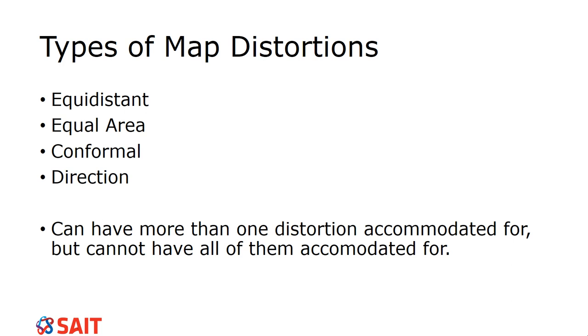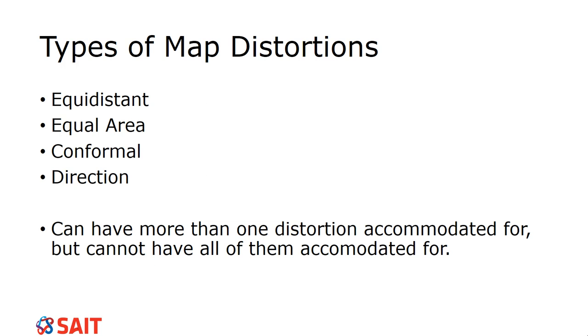Then there's equal area, which means that the areas are equal. It doesn't mean that the shape is the same, but it means that the area is represented equally and visually. So the shape might be different. In fact, the distances might be a little messed up, because even though equal area and equidistant sound very similar, equal area is more about the area rather than the distance.